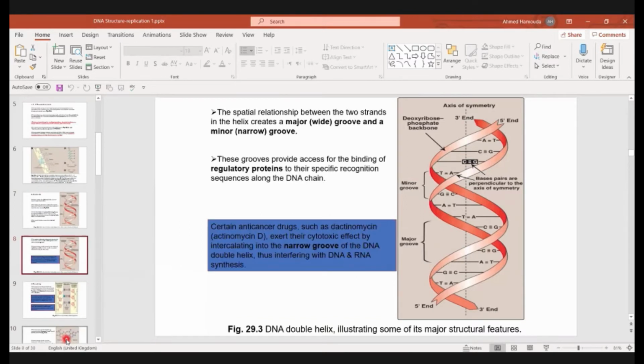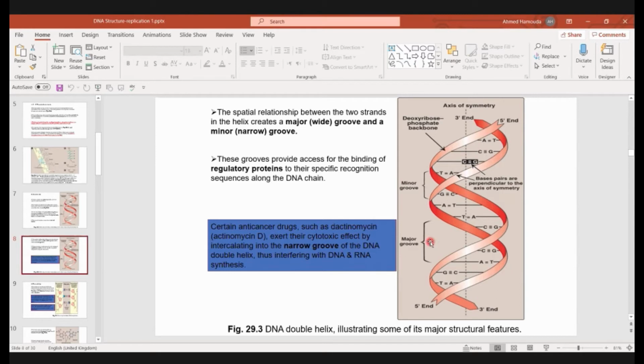So if you look here, what we call the spatial relationship between the two strands, basically spatial relationship is just in three-dimensional space. If you look at DNA, you will find this minor groove and major groove. What you need to know is that there are minor and major grooves, and these are very important because in these grooves, there are some proteins, what we call regulatory proteins, that come and stick to these grooves, and it helps the gene expression.